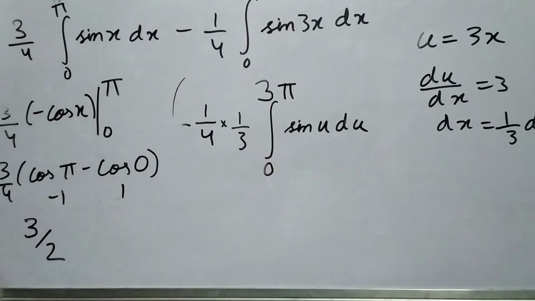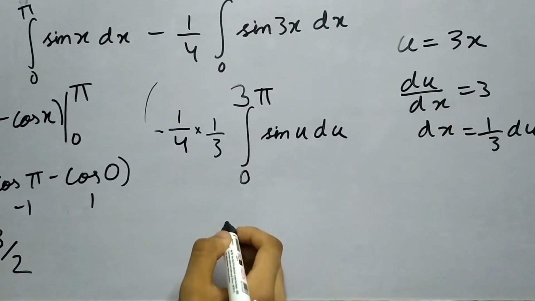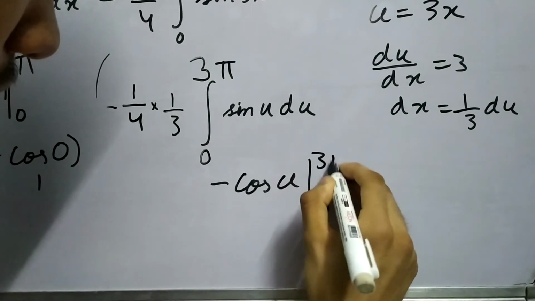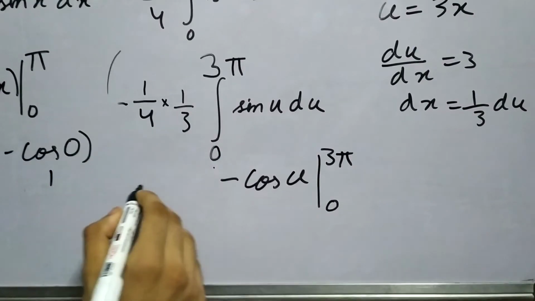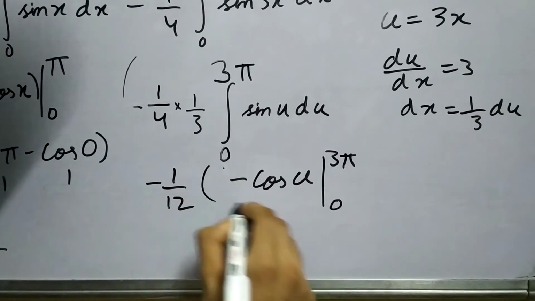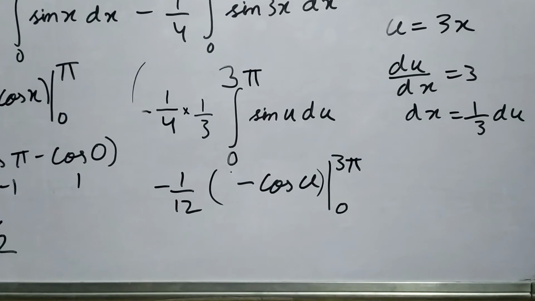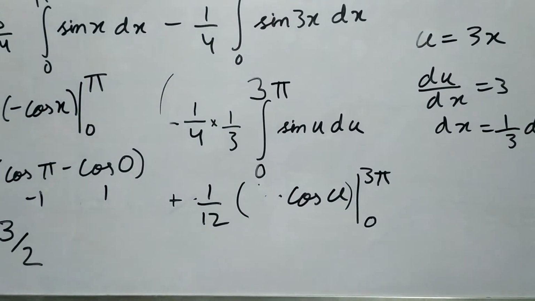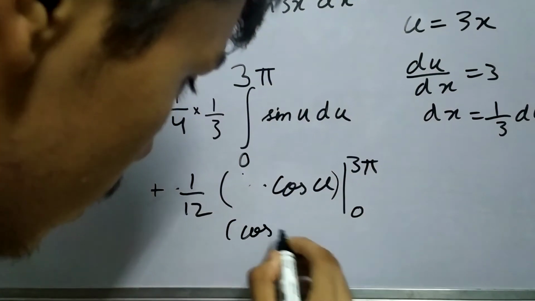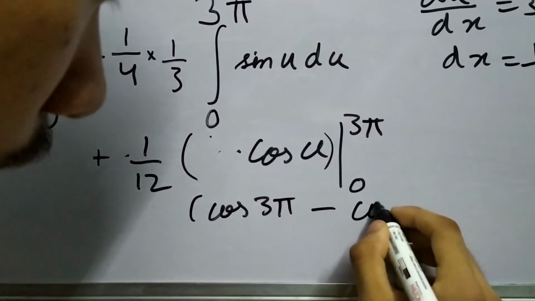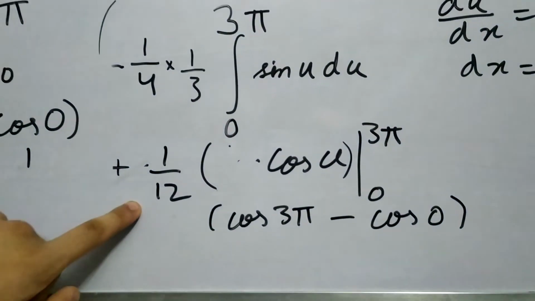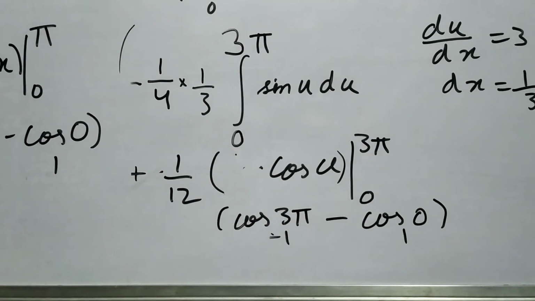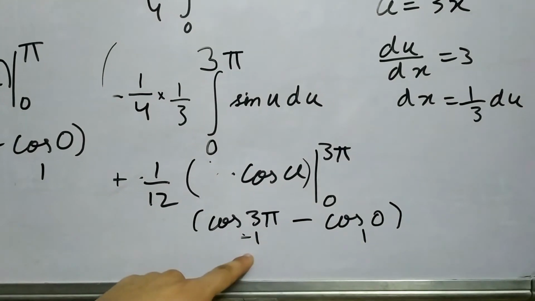Again, the integral of sine u du will be minus cos u, from 0 to 3 pi, and you will have minus 1 by 12 outside. Again the minus and minus cancel each other out, leaving plus: cos 3 pi minus cos 0, times 1 by 12. Cos 3 pi is minus 1, cos 0 is 1, so again you have minus 2.